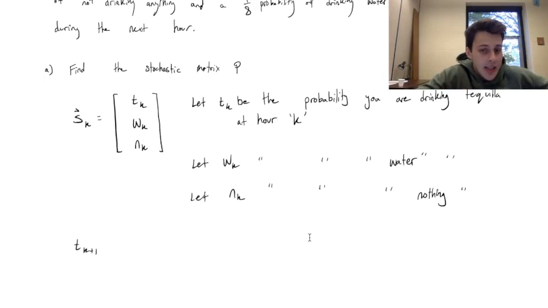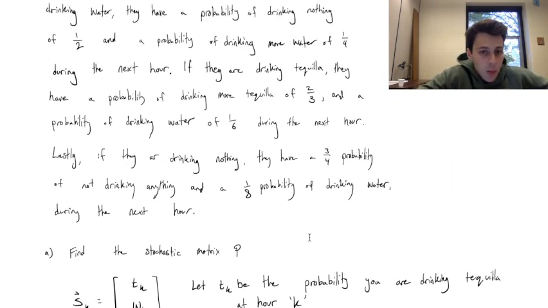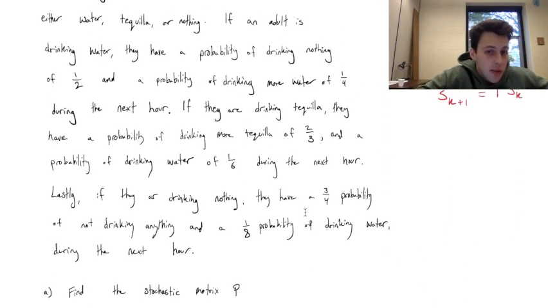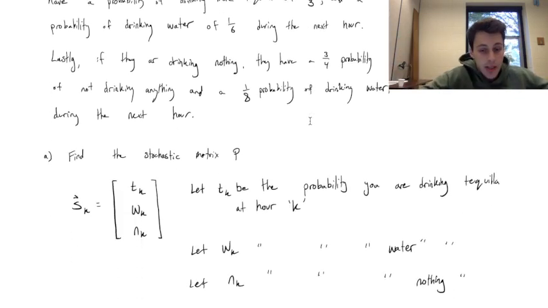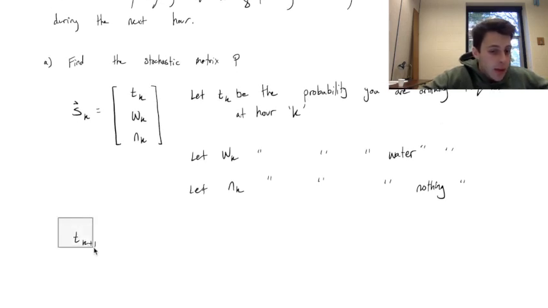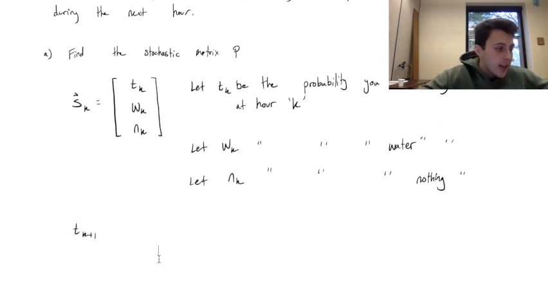You can see that we have some useful information in the question, because it is telling us some of the probabilities. If you're drinking nothing, then it gives you the probability that you're drinking water the next hour or tequila the next hour. We know that the next hour is signified by that k+1. So we're starting to connect the dots a little bit.